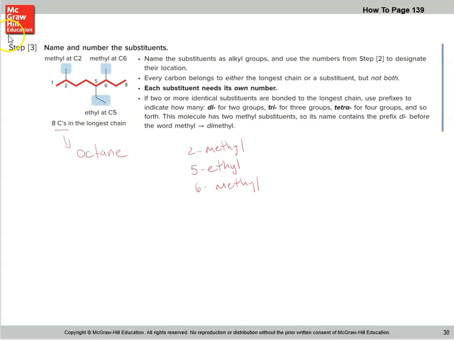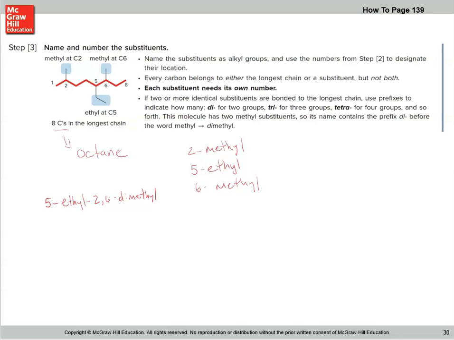Because the ethyl group is alphabetically first, I am going to put that first. Remember, the prefix is going to tell us what and where. So we have a 5-ethyl, and we have a 2 and a 6 dimethyl.